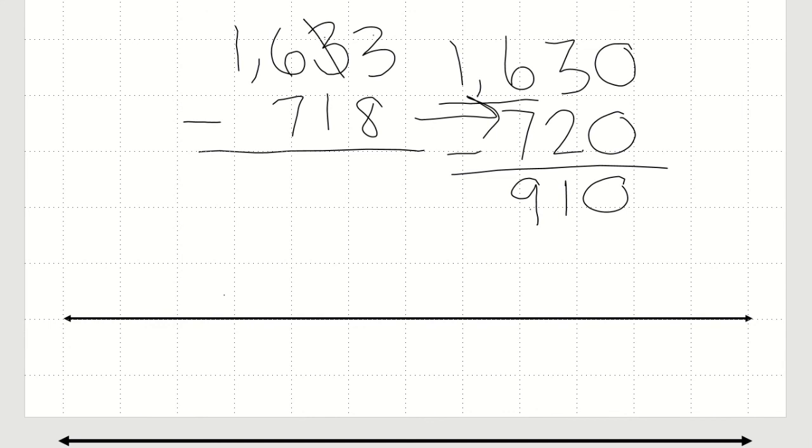I'm going to break one of those tens into 10 ones, which gives me 13 now. So now I can say 13 minus 8 is 5. Okay, and now 2 tens are all I have left. And if I take one away, that leaves me with 1. So 16 minus 7 is 9. So we can see that 915, our exact answer here, is really close to what we got when we were using our compatible numbers to estimate.